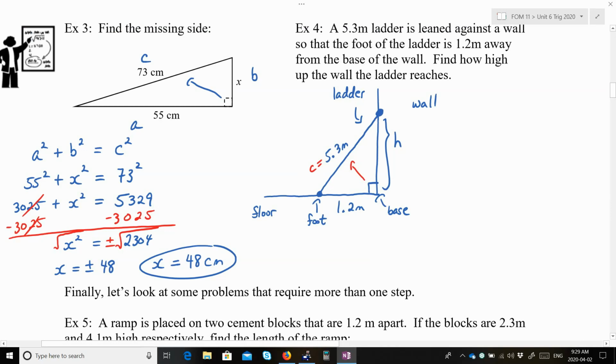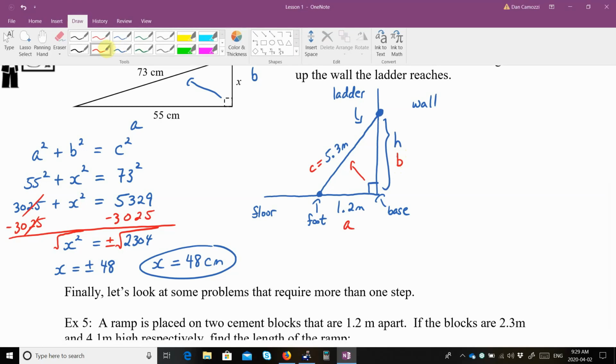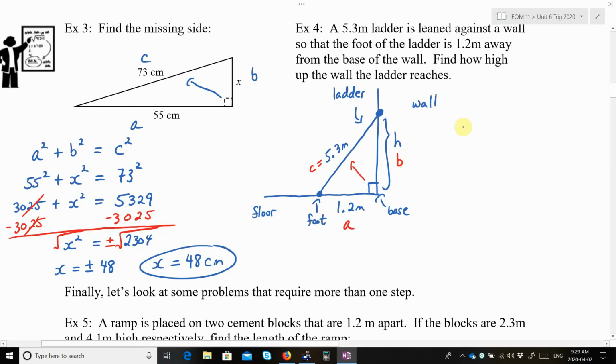The other two sides can be labeled A and B, so let's make this one A, and we could call this one B. And our Pythagorean theorem says that a squared plus b squared equals c squared.